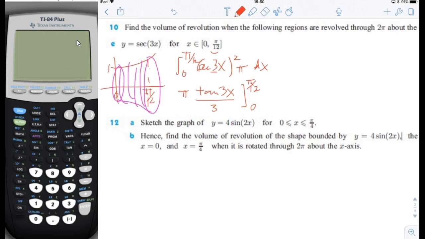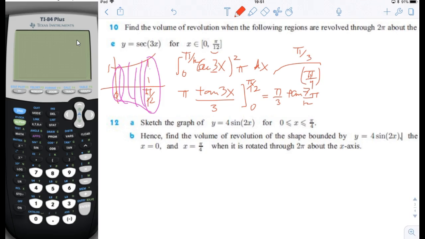Now I'm going to substitute the limits of integration. The first one would be pi over 3 tangent of 3/12 pi, and 3/12 pi is equal to pi over 4. Tangent of pi over 4 is 1, so this term becomes pi over 3 times 1, so it's pi over 3.